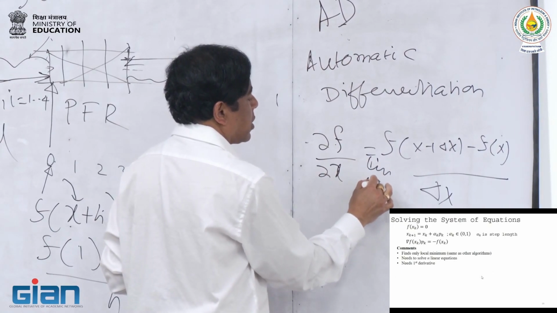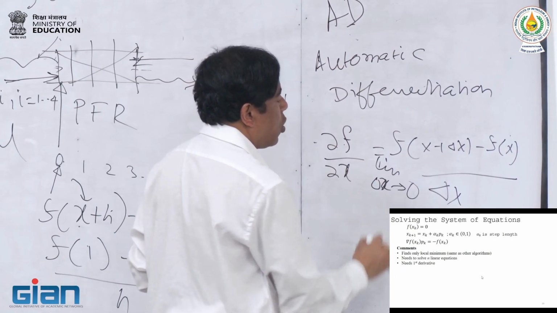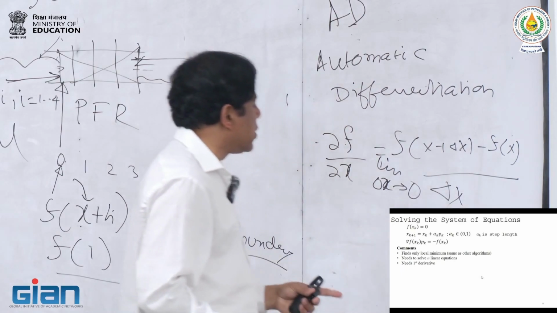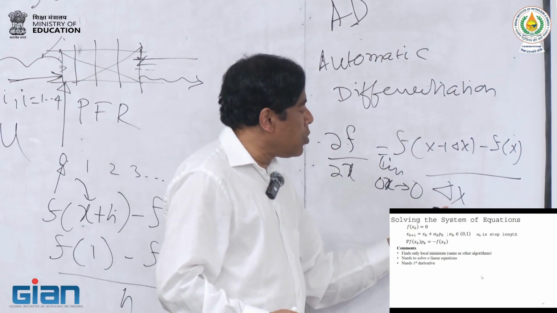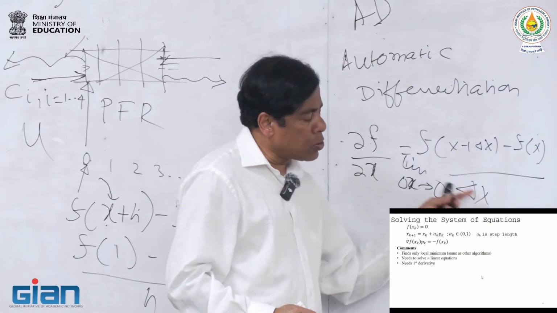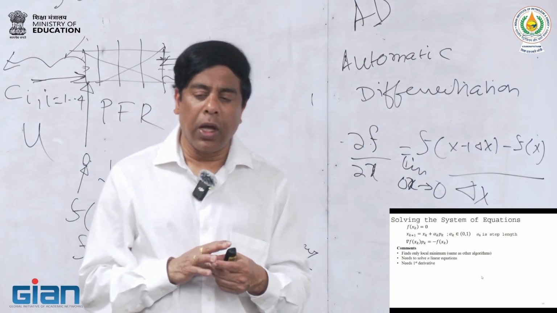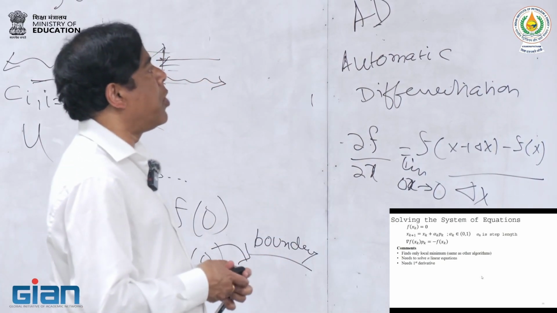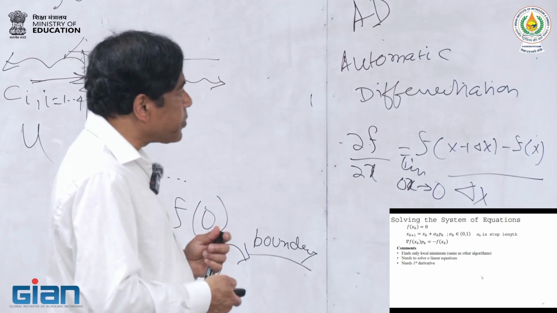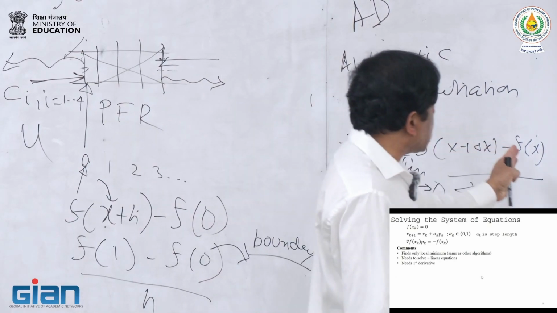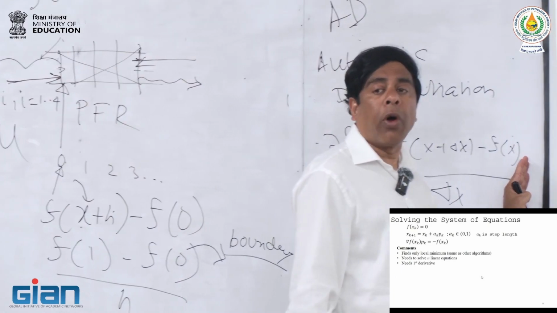Technically delta x tends to 0, but this is the overall approach. You take these small steps and calculate it numerically. And this is actually the root of all problems.